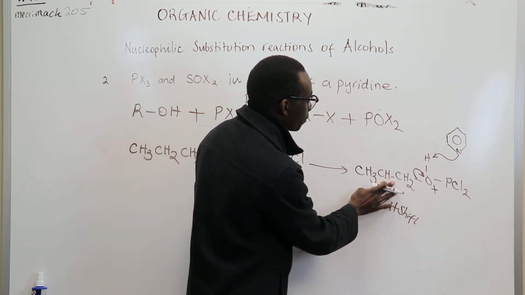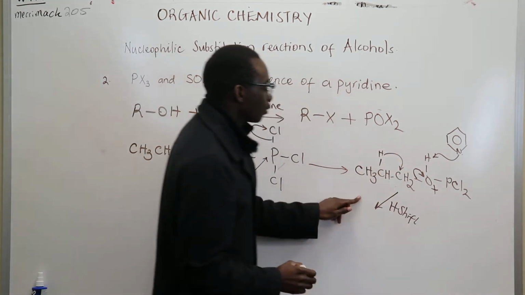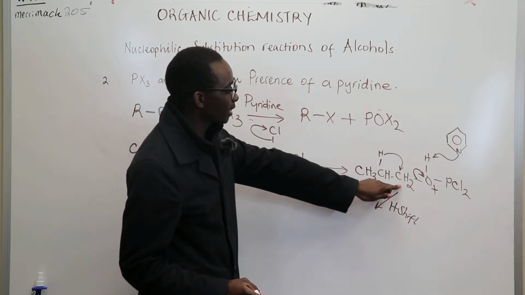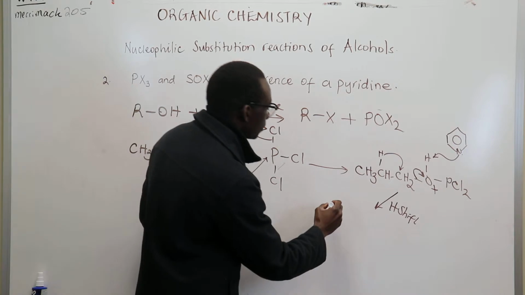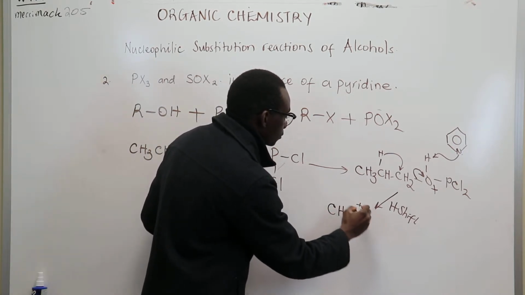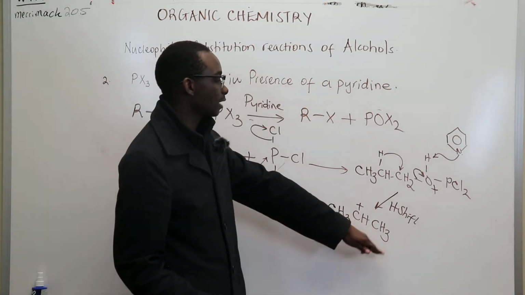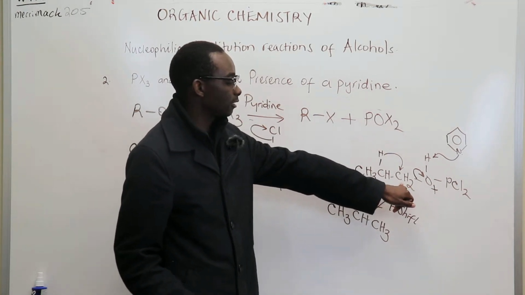A hydrogen from this carbon will shift to this carbon, and then the carbocation will be transferred to this other carbon in the middle. Hence we shall have a resultant species which looks like this. So this is a secondary carbocation, more stable than the primary carbocation we would have formed in this step.